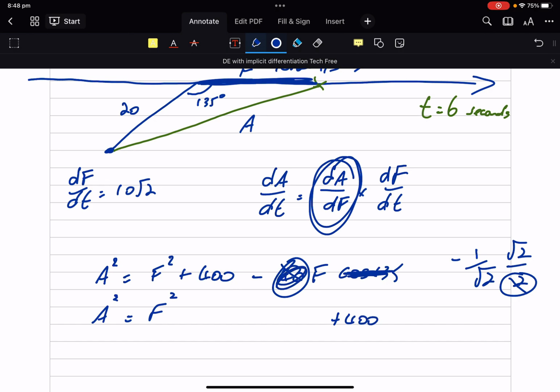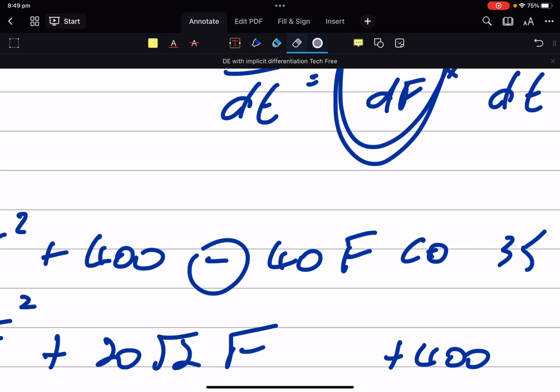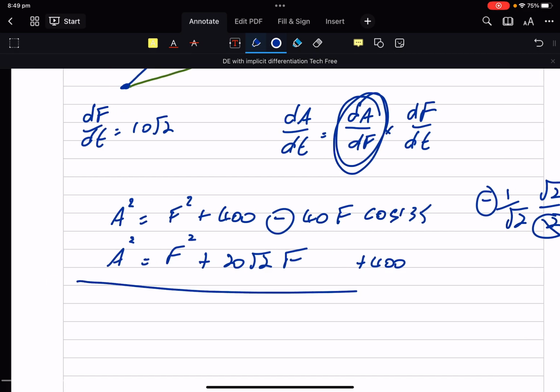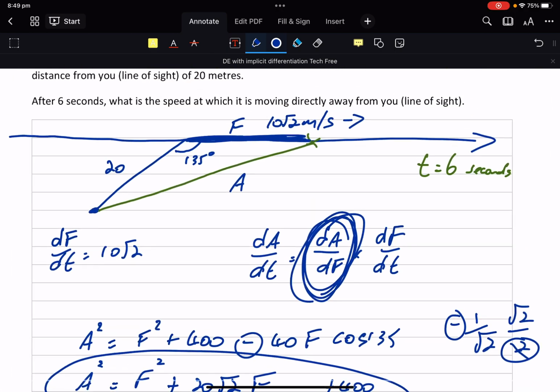That 2 and that 40 become 20, and the two negatives become a positive, so it's plus 20 root 2 F. That is extremely messy, but I'm sure you can press pause and work that out. Anyway, so here's our relationship between A and F, and we need a dA/dF.